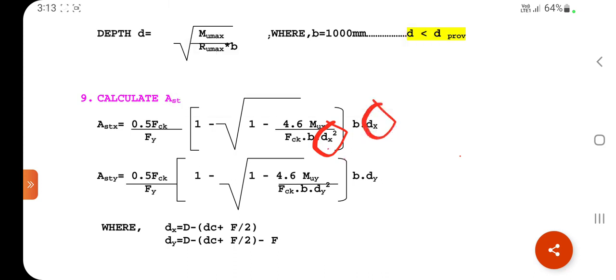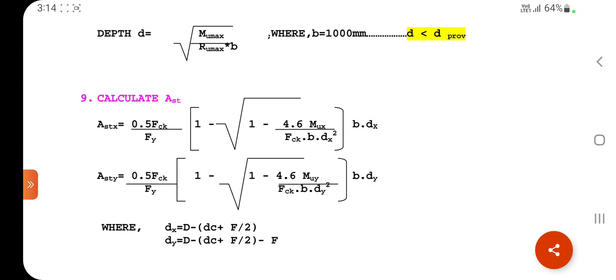And now in the calculation, Asty equals 0.5 fck upon fy into bracket 1 minus under root of 1 minus 4.6 Muy upon fck b dy square. This is a very important thing.